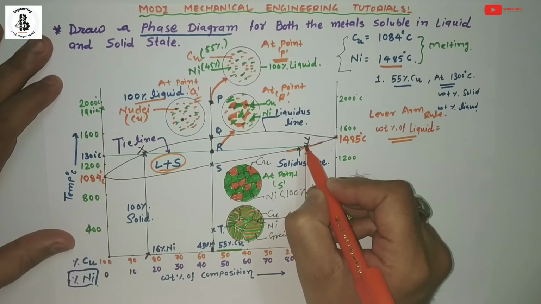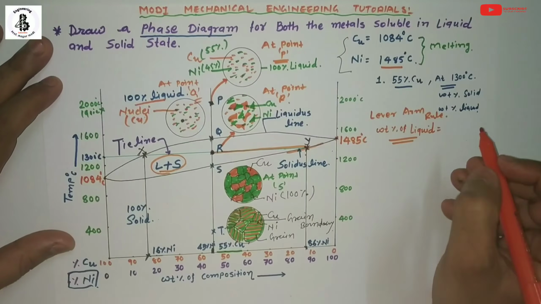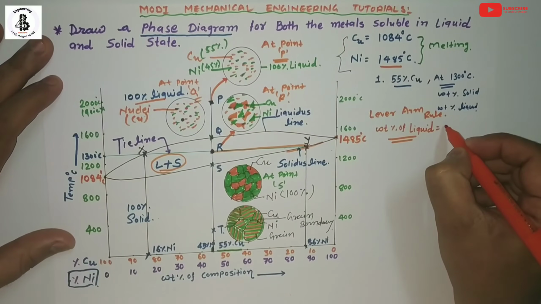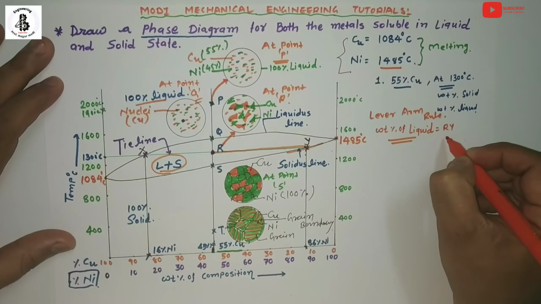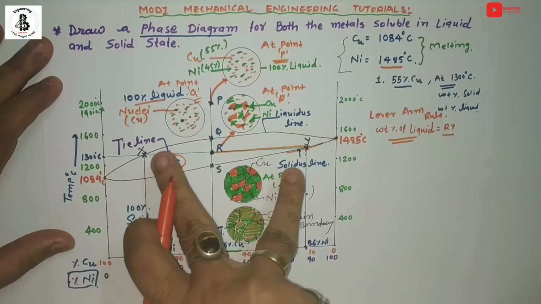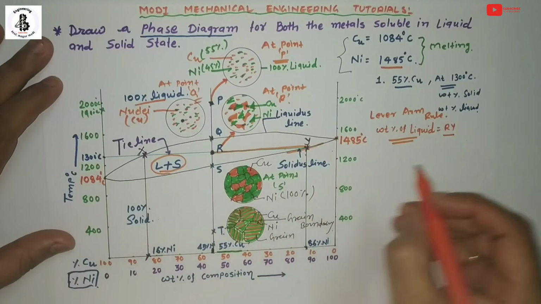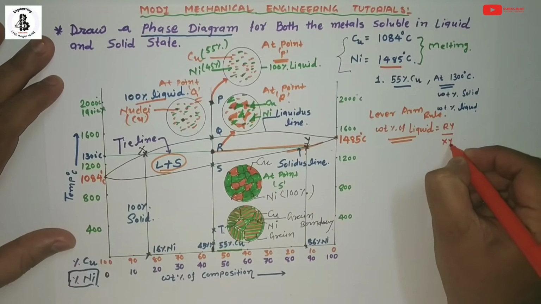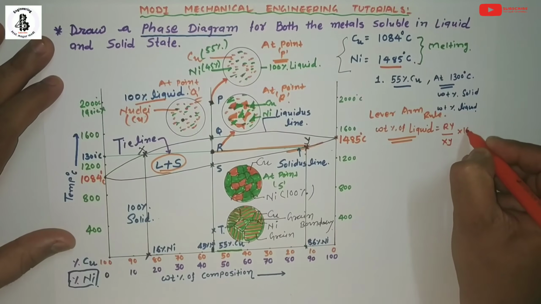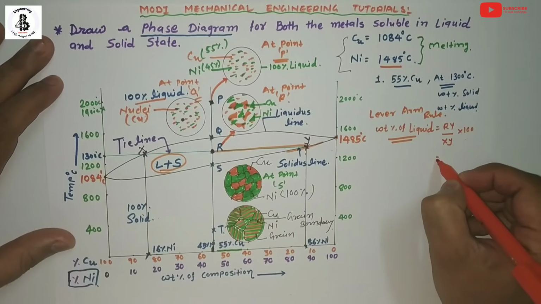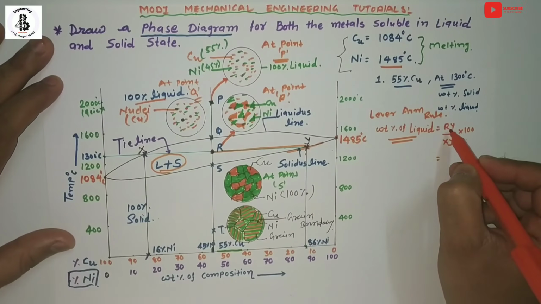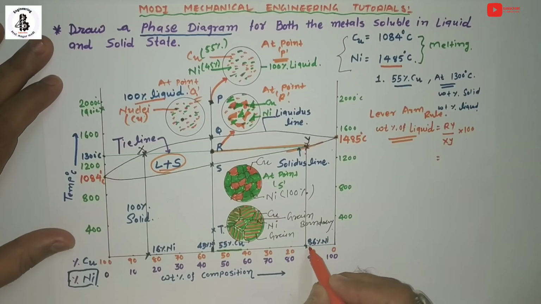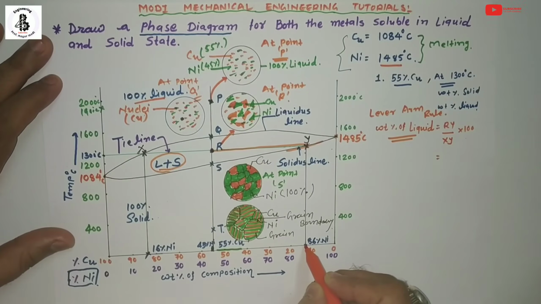So just you can take the distance RY divided by the total distance of the tie line, so XY, multiplied by 100. So how will you find the RY distance? Just take the difference along this projected line.